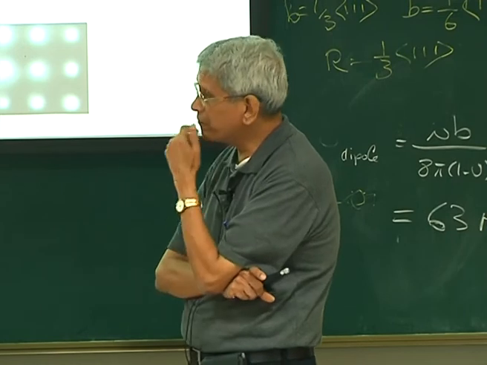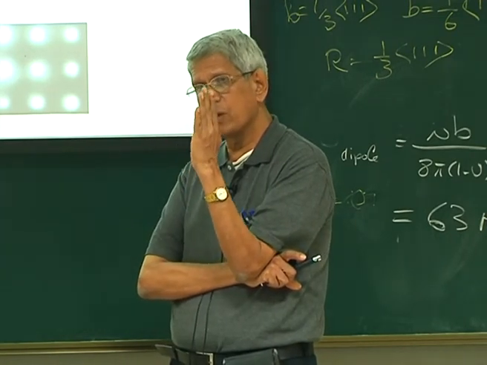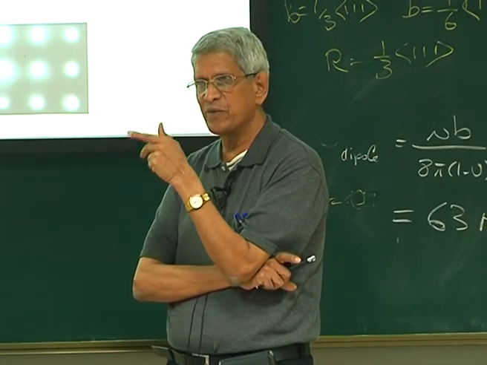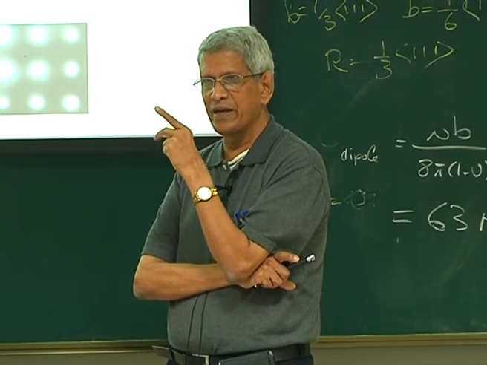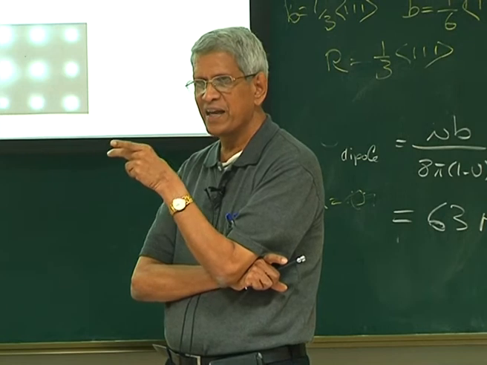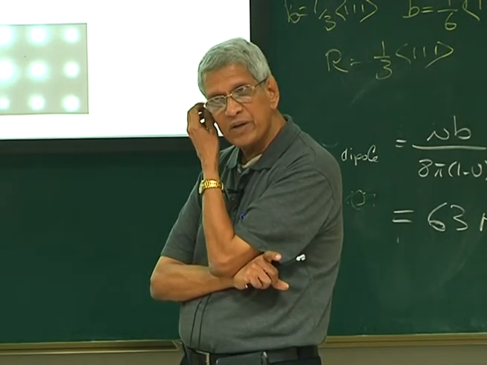And also yesterday we covered that once we have characterized the dislocation, looking at the line direction and the Burgers vector, we can tell whether it is a screw dislocation, an edge dislocation, or a mixed dislocation. All these aspects we have covered.